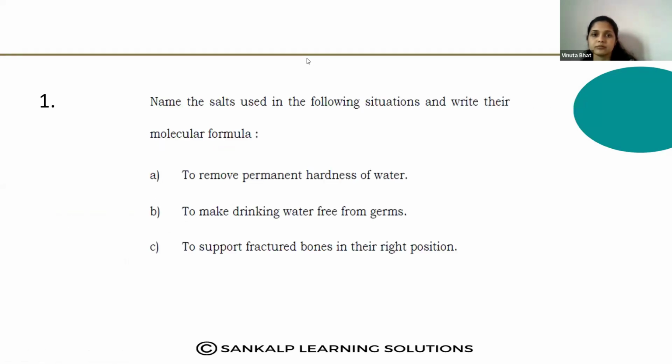Next question. Name the salt used in the following situations and write their molecular formula. Option A, to remove the permanent hardness of water.